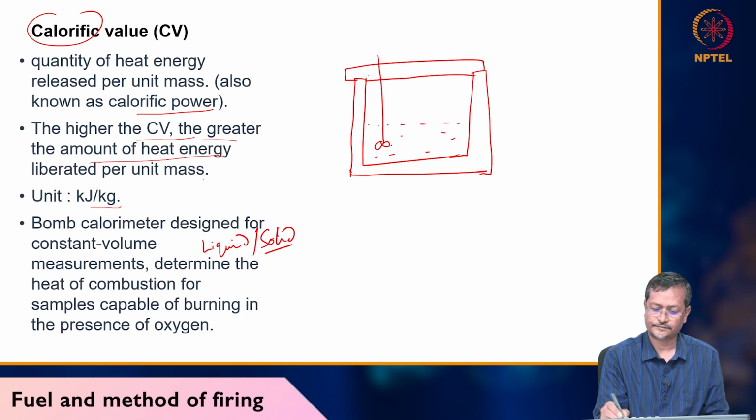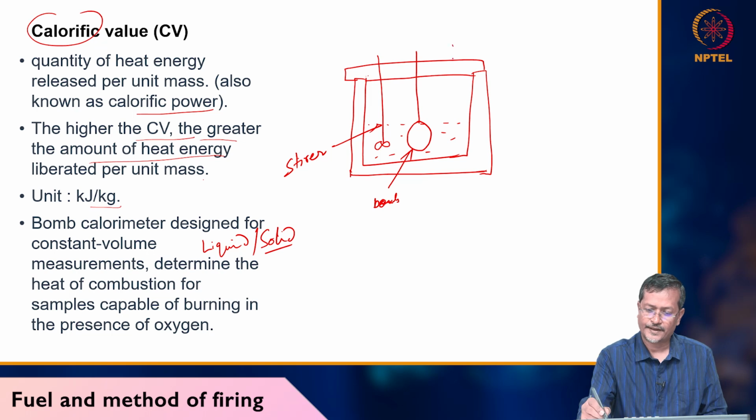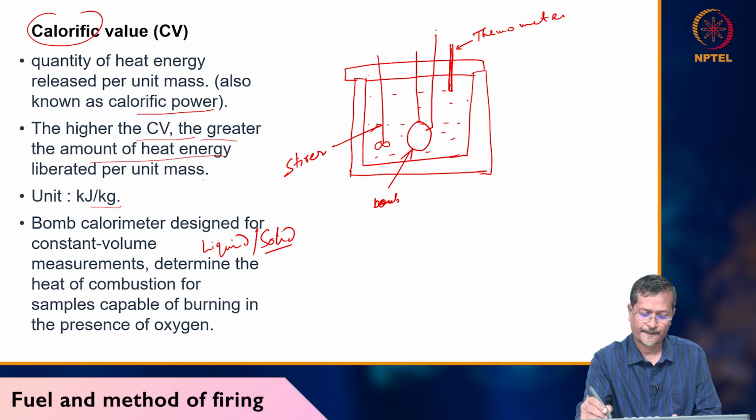You take your sample here, this is called the bomb. This is the stirrer, and there will be one thermometer, and there will be one electrical spark system.